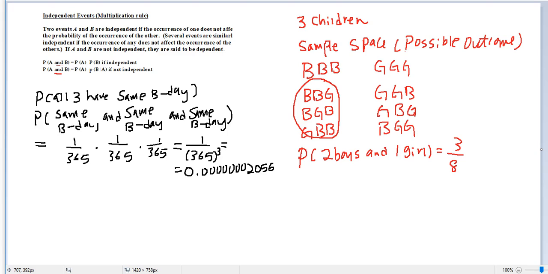Now the example of the dependent events. Let's say you are selecting 3 senators, and you want to select the women senators.